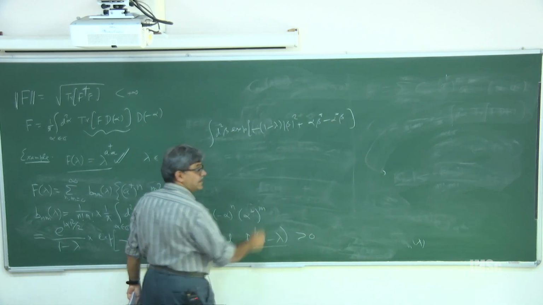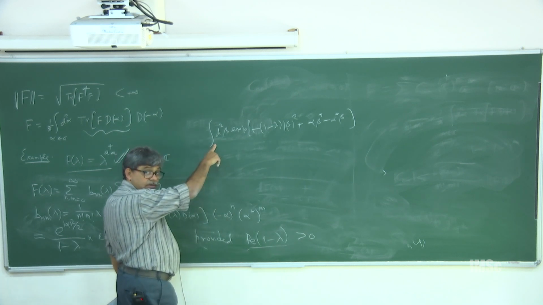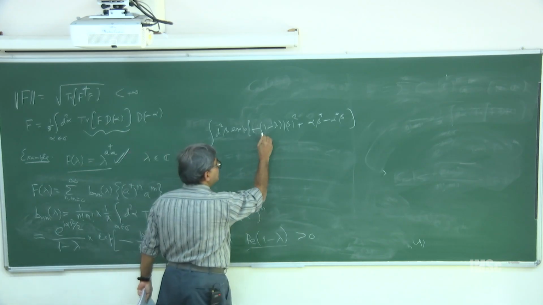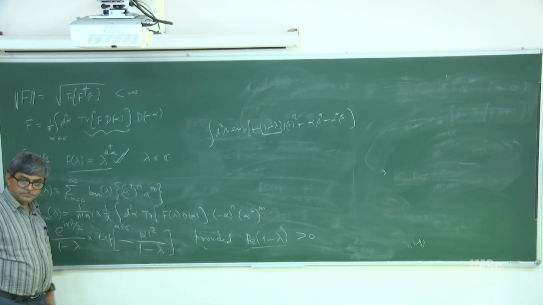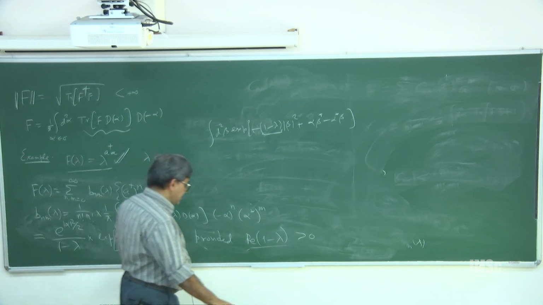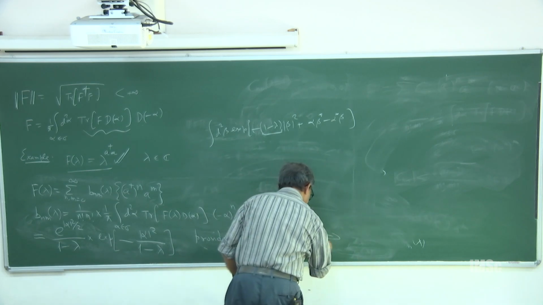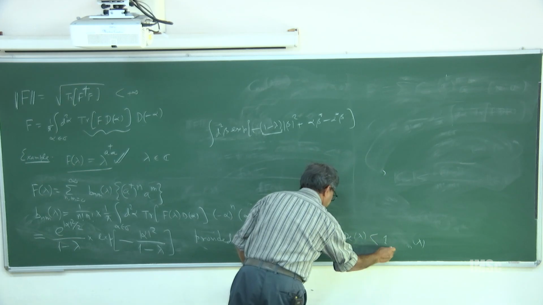Lambda is a complex number, so in order that this integral exists, the real part of this has to be positive. This means that the real part of lambda has to be less than 1.